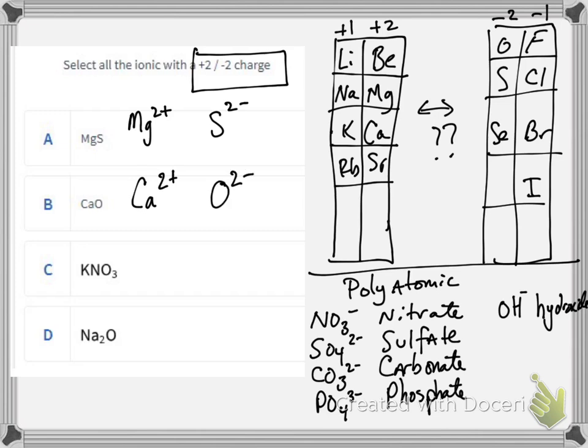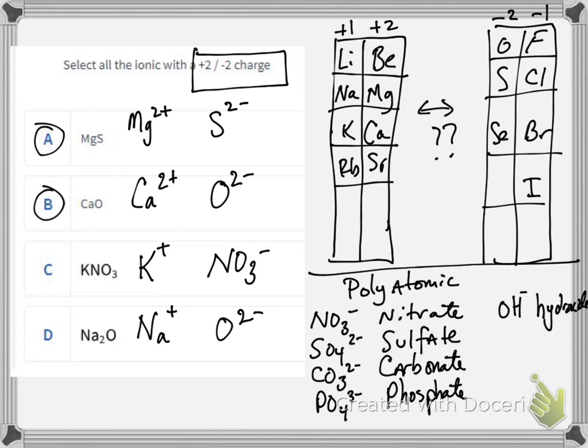Oxide is 2-. Potassium is +1. Nitrate, NO3-, is -1. That's a polyatomic ion. Sodium ions are +1. Oxygen is -2. So based on that, the correct choice here would be A and B.